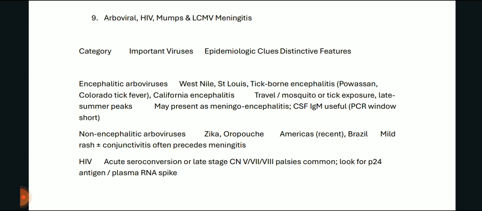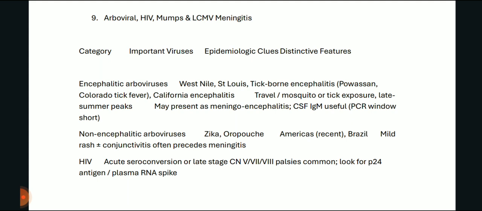The peaks come in the late summers and may present as meningoencephalitis. CSF IgM is useful, PCR window is short. Now, our non-encephalitic arboviruses, they are Zika or Oropouche. These are seen in the Americas and Brazil. It can present with mild rash with or without conjunctivitis.